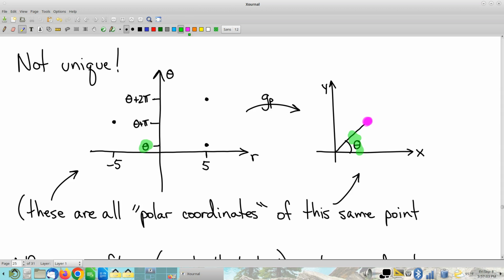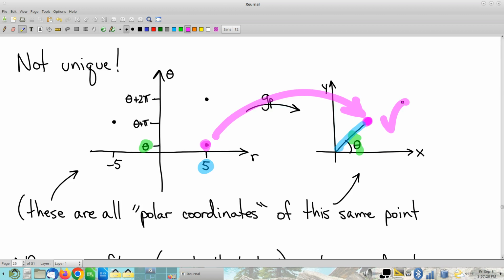And it looks like I've indicated that this thing has a distance of 5 from the origin going in that direction. So this point in the r theta plane, that r and that theta go to that point in the xy plane. Or said differently, you could think of these as the polar coordinates of that plane, the xy plane.